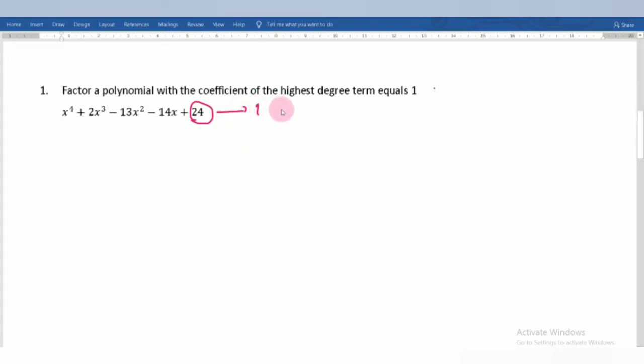So it is 1 and -1, 2 and -2, 3 and -3, 4 and -4, 5, no, it's not a factor, 6 and -6, yes, you need to consider that, then 8 and -8, and also 12 and -12, and 24 and -24.